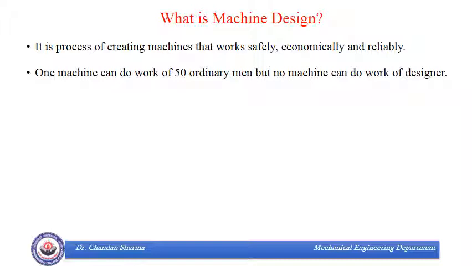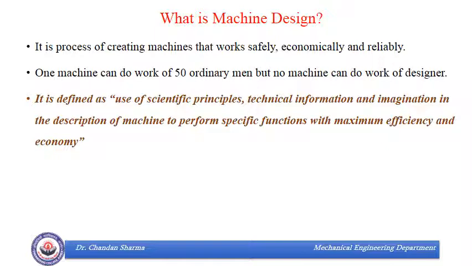It is a popular saying that one machine can do the work of 50 ordinary men, but no machine can do the work of a designer. So the role of the designer is very important because he is the one who has applied certain principles and come up with a machine that is going to be used to perform certain specific functions.